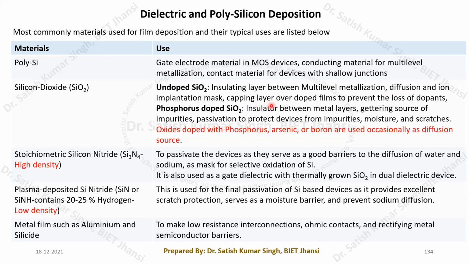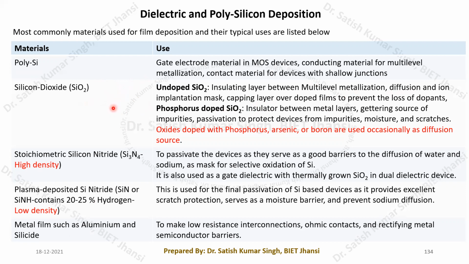So what does it mean by the capping layer? Let's suppose that you have already done the diffusion. Some of the dopants are already doped at a particular region, and after that, if you want to perform any high temperature process, generally what happens is, because of the high temperature, there is a chance that the dopants within the doped region may come out, and they may also go to other places.